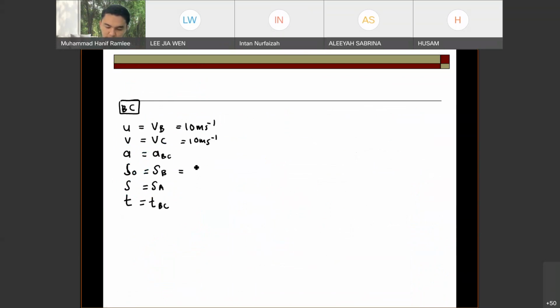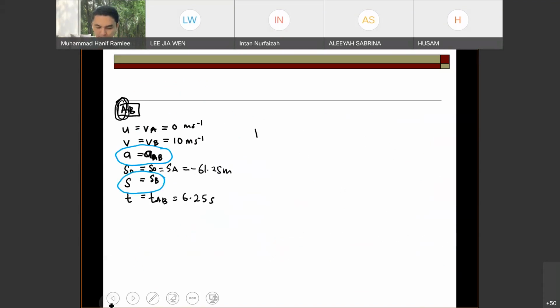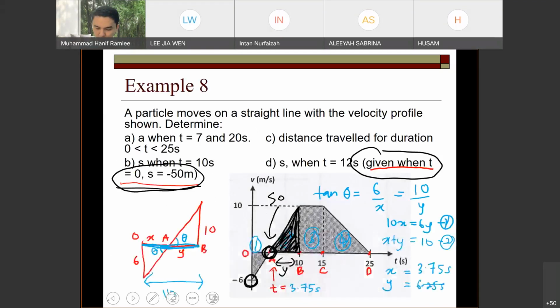SB is from the previous one, which is this value, negative 30 meter. SC is the unknown value. TBC is from the graph, which is 5 seconds.